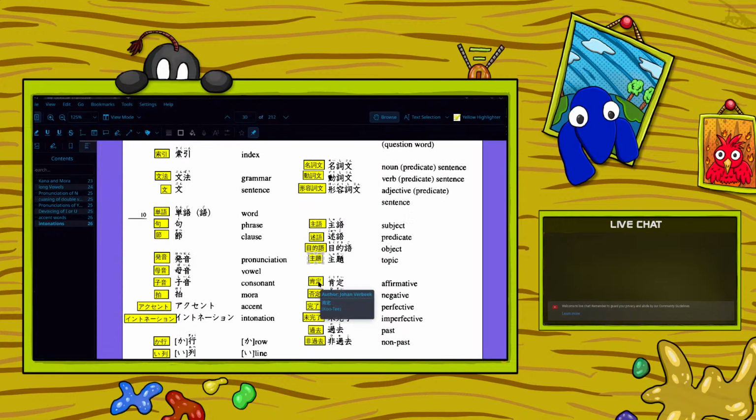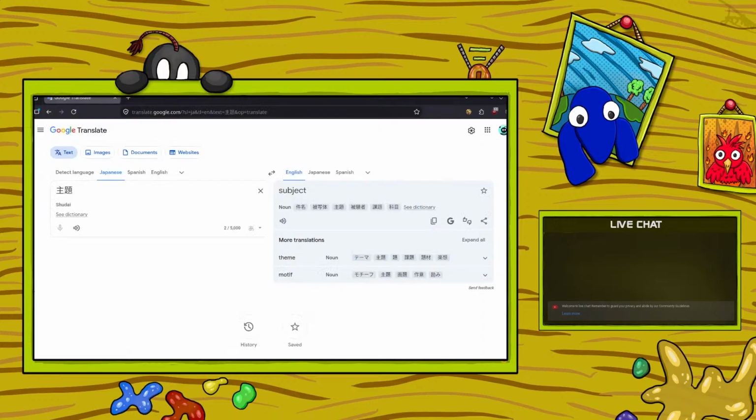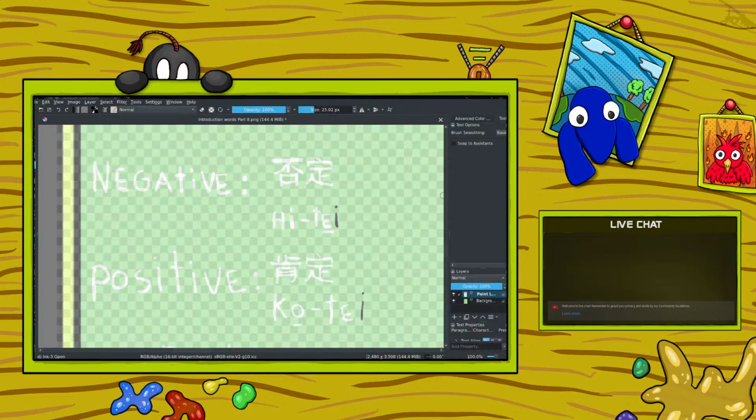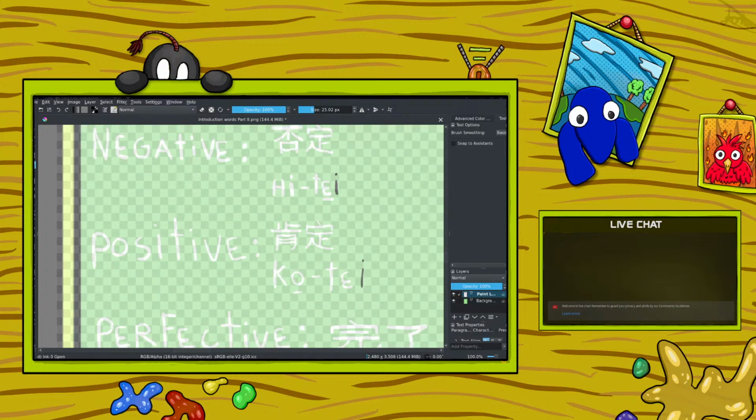Grab of course the affirmative one, which is kōtei, and pick that one up. 肯定. Yes, kōtei. So again. Oh, I did the wrong one. Oh well. And then we're gonna go for. Well, it's not technically positive, but now I'm doing it like that. Affirmative, basically.